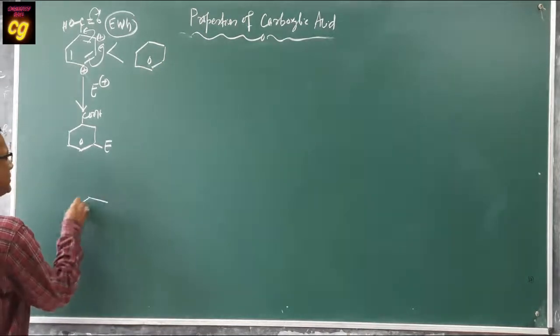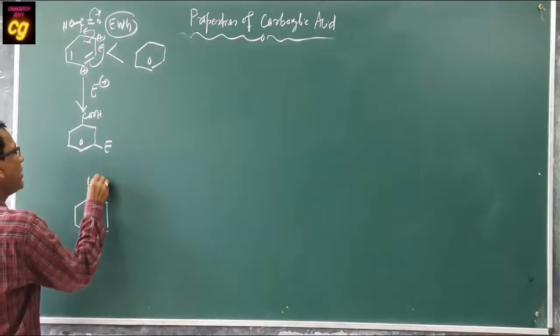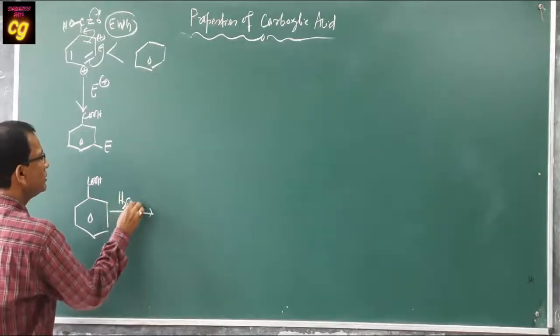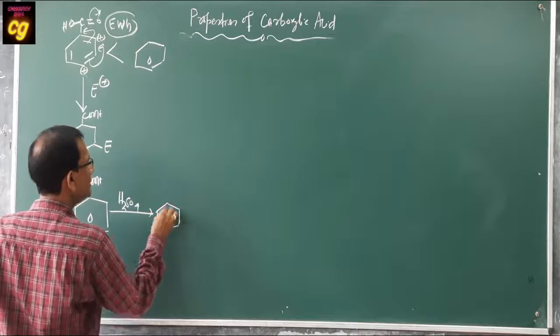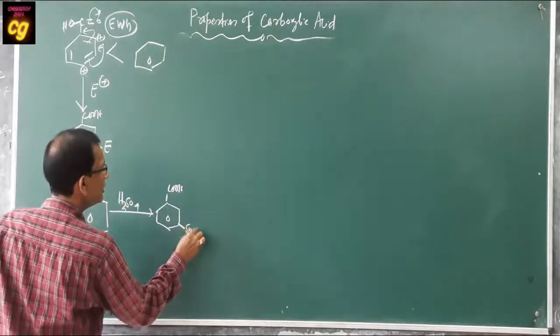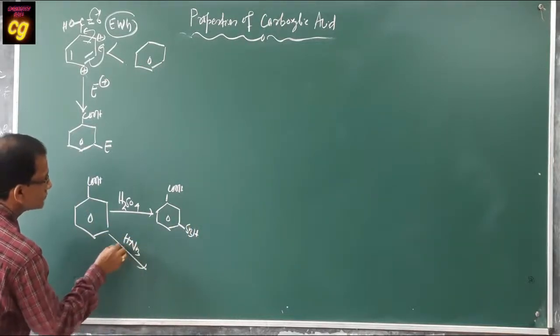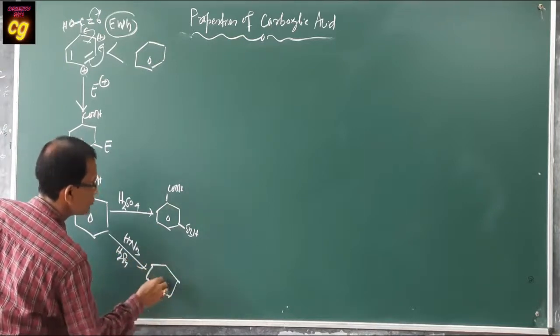This is your benzoic acid, and if you do sulfonation, the product will be like this, SO3H, already we have read. If you do nitration, the product will be meta substituted product.